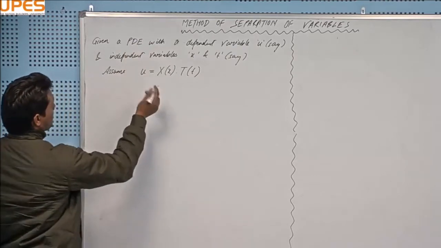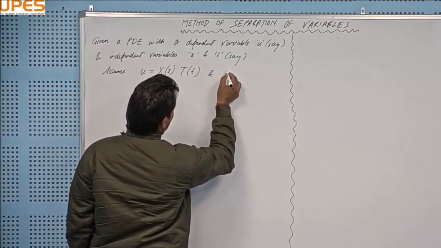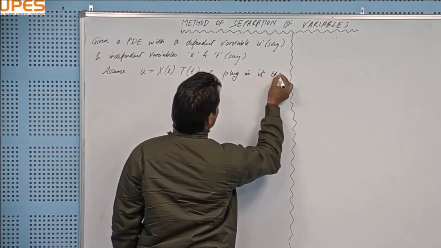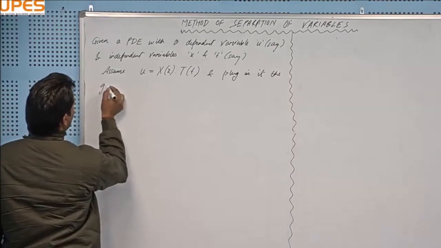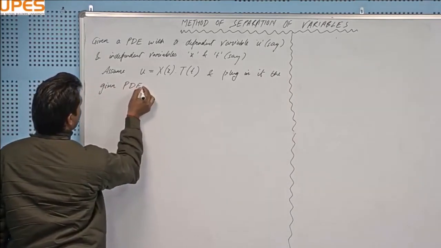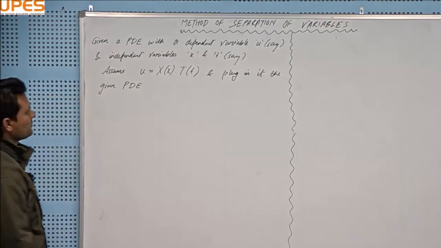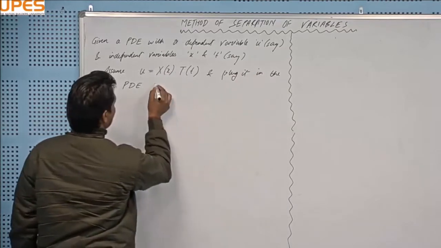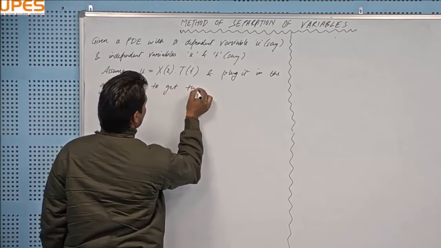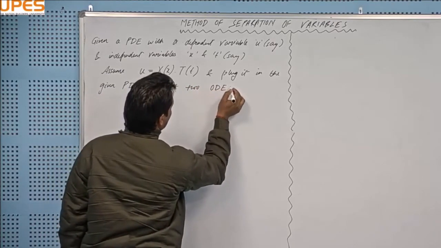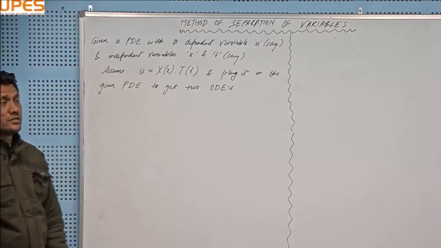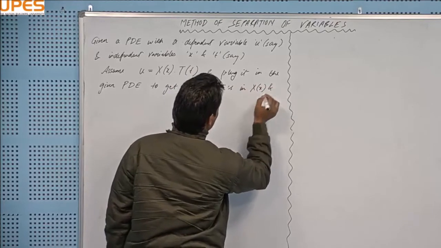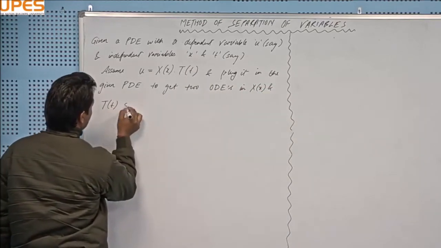Assume this and plug it into the given PDE, to get two ODEs, two ordinary equations, in capital X and capital T separately.